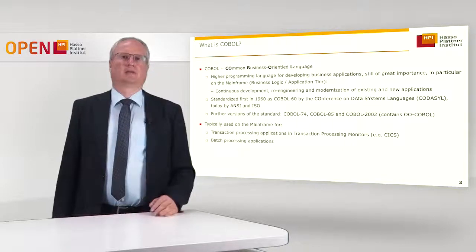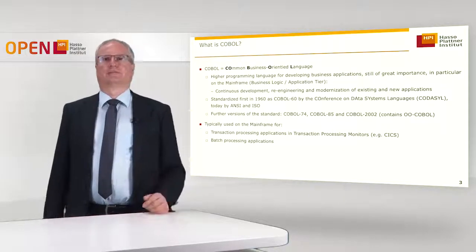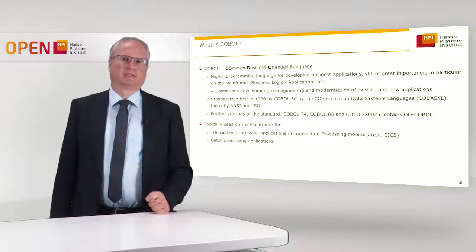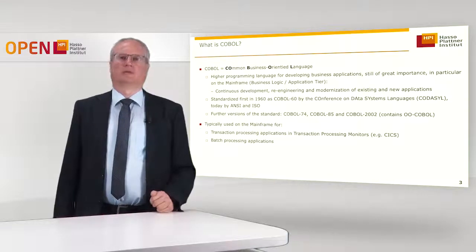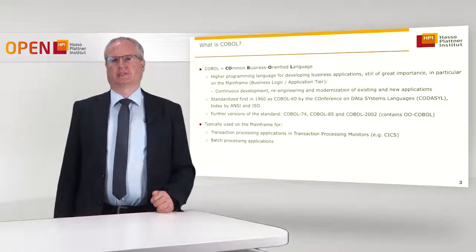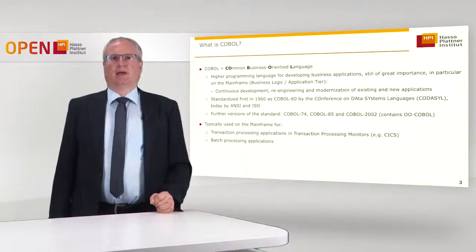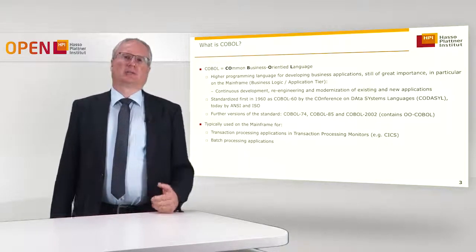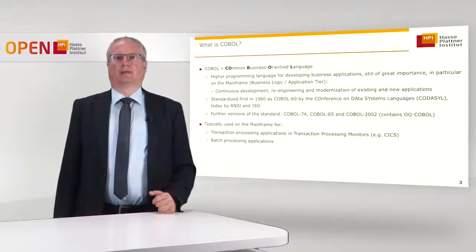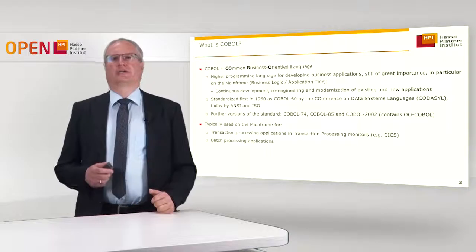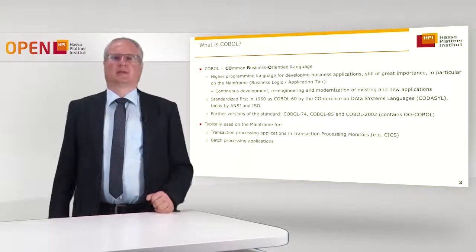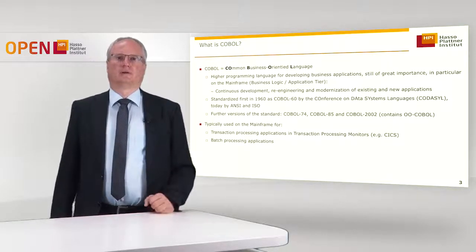So there's COBOL 74, COBOL 85, relating to the respective years, and COBOL 2002, which contains an extension to make COBOL also object-oriented, OO-COBOL. However, the compilers, especially on z/OS, typically are based on the COBOL 85 standard. So this is the non-object-oriented version, and that is the one that is still most important for development.